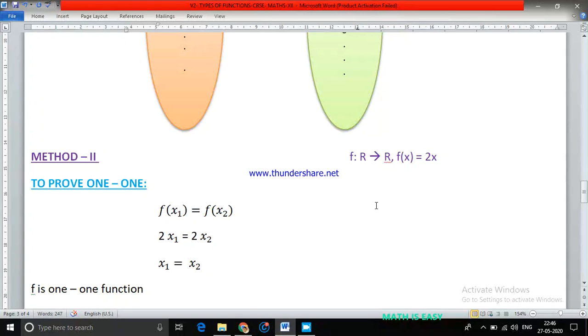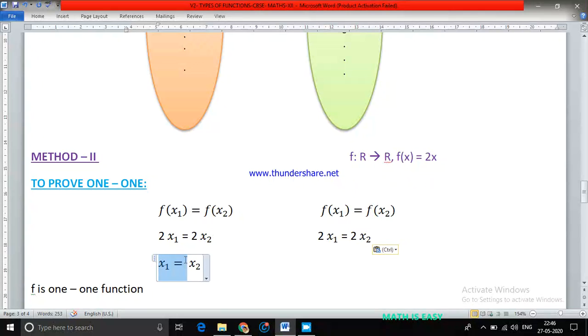Here also I have to consider f of x1 equals f of x2. The process remains the same. F of x1 means 2x1 equals 2x2.